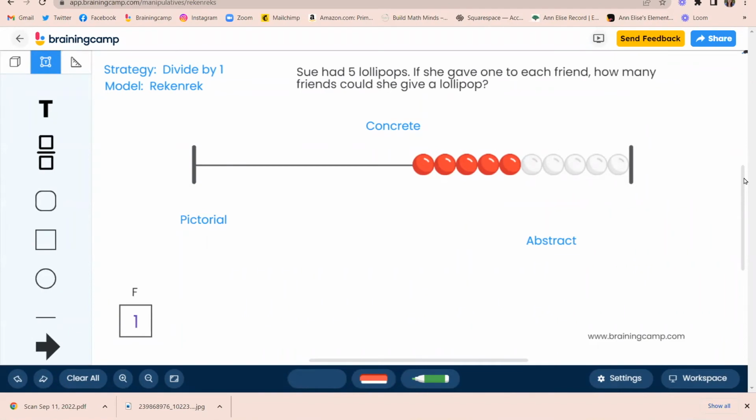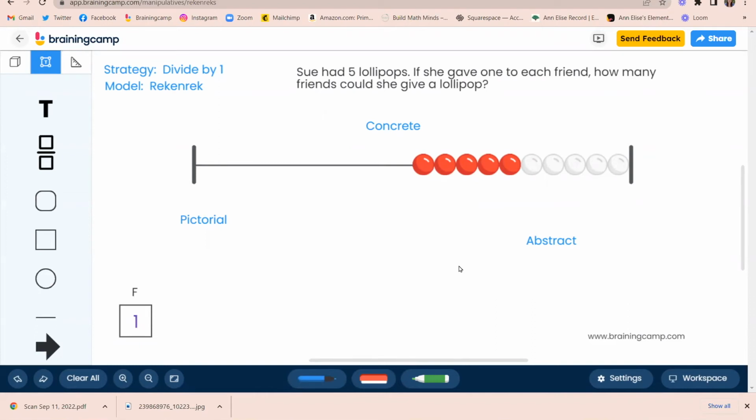Now, keeping this strategy and the model the same, the different context is going to be this quotative division, where I know the size of the group. I just don't know how many groups there are in all. So if Sue has lollipops and she gave one to each friend, how many friends could she give a lollipop to?